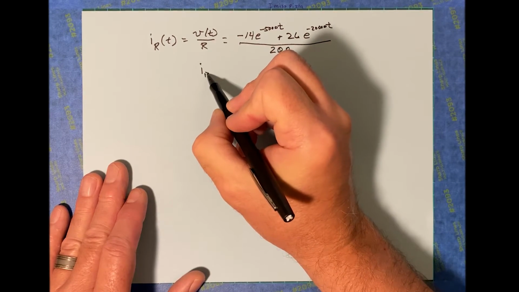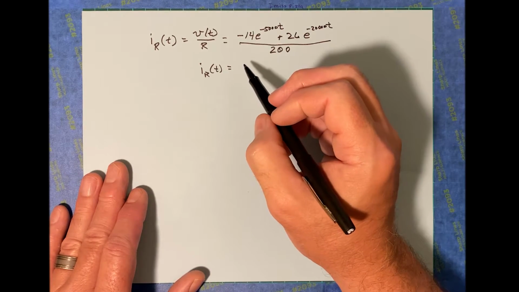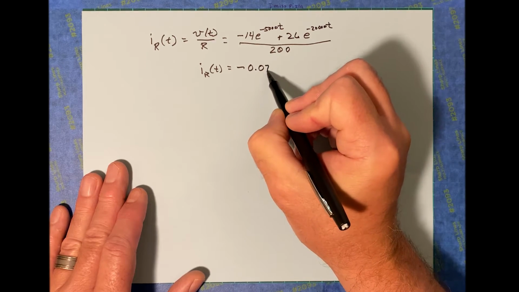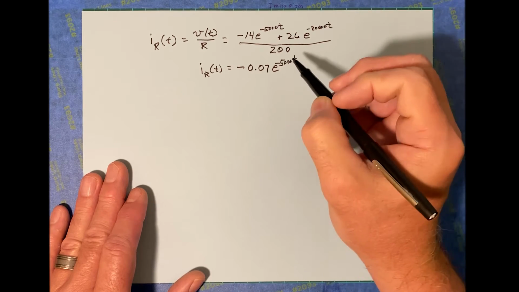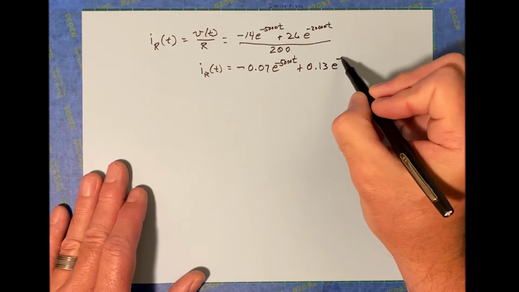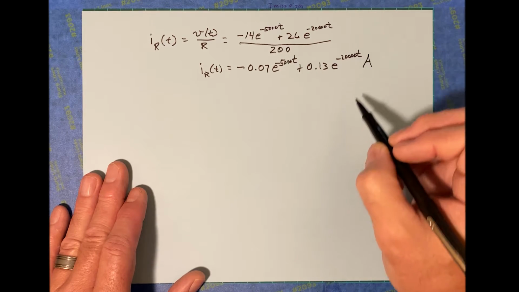So you can do that calculation, simplify that, 14 divided by 200 and so forth, and it's going to be minus 0.07 e to the minus 5,000 t plus 0.13 e to the minus 20,000 t amps.